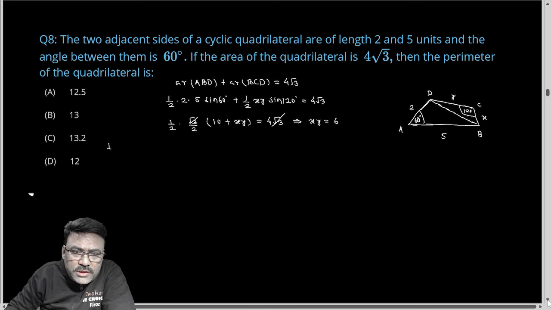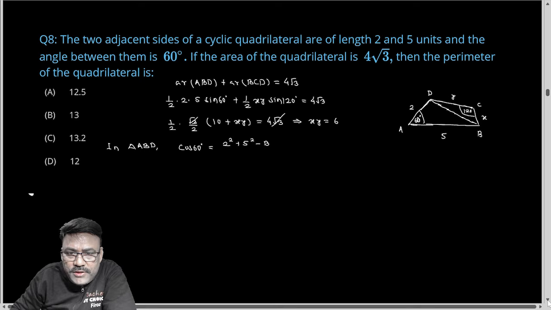So see from triangle ABD. If I use cosine rule, cos 60 degrees is what? 2 square plus 5 square minus BD square over 2 into 2 into 5.